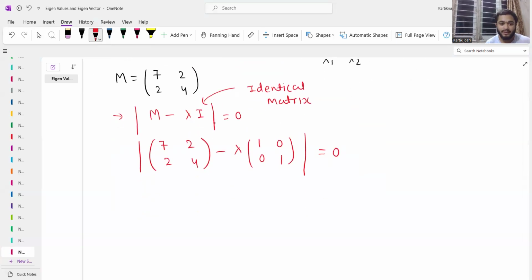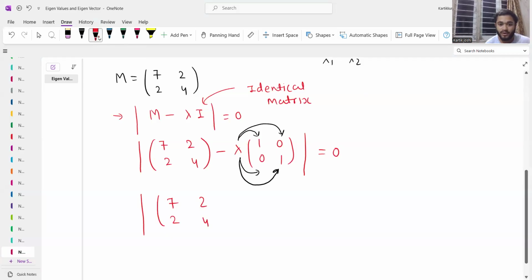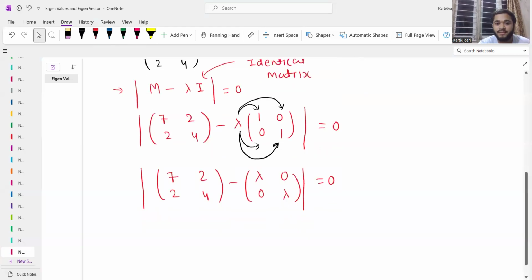So there is a basic subtraction. But first of all, we multiply lambda with every term in the identity matrix. So here is 7, 2, 2, 4 minus lambda into 1, lambda into 0, lambda into 0, lambda into 1, which is lambda, and it is equal to 0.